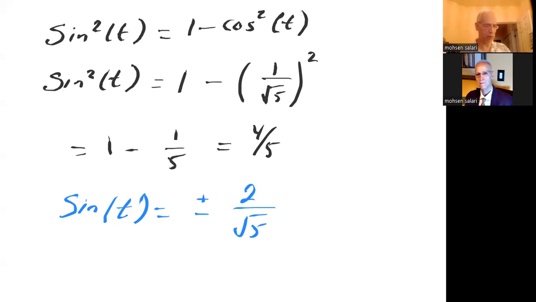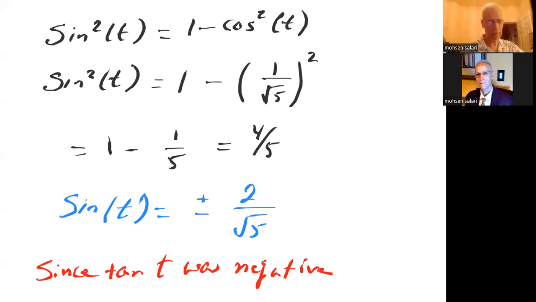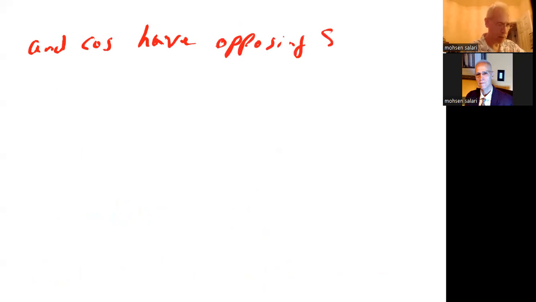Now, taking square root of both sides. All right. Since tangent of t was negative, sine and cosine have opposing signs.